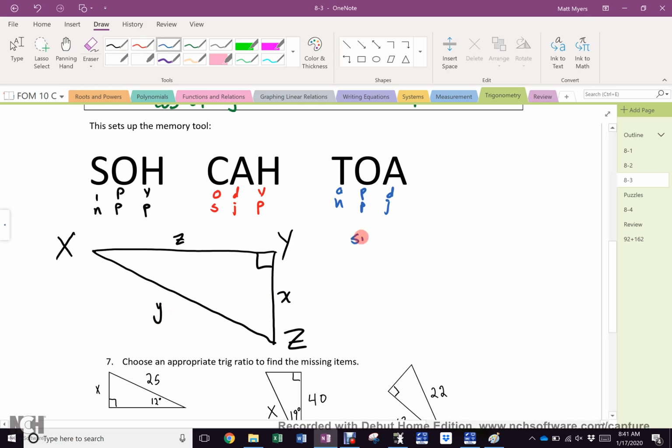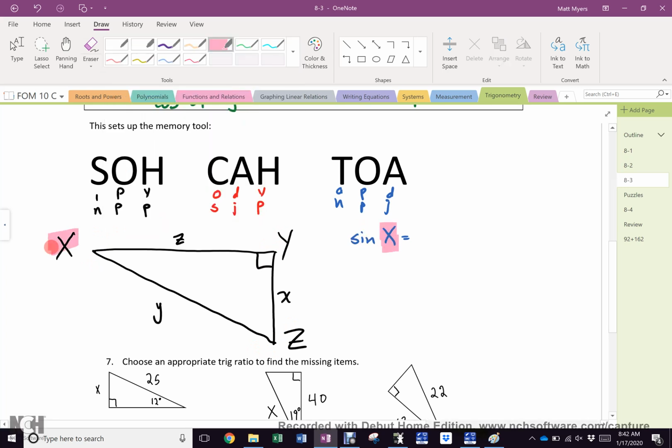Now, listen to me carefully. Tell me the sine of big X. Where does that mean I'm looking at the triangle from? Am I looking at it from the pink, from the green, or from the yellow corner, if I want the sine of X? The pink corner. Good job, Addison. So that means I am working up here.